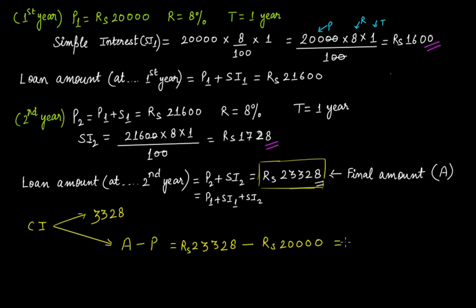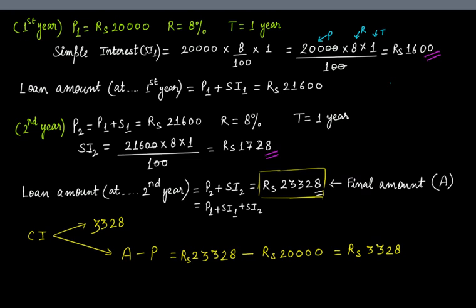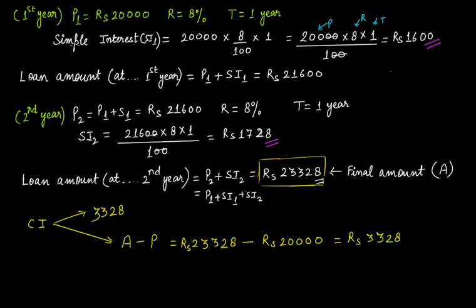So you get rupees 3,328. This is the compound interest when we calculate for rate 8% interest calculated annually.